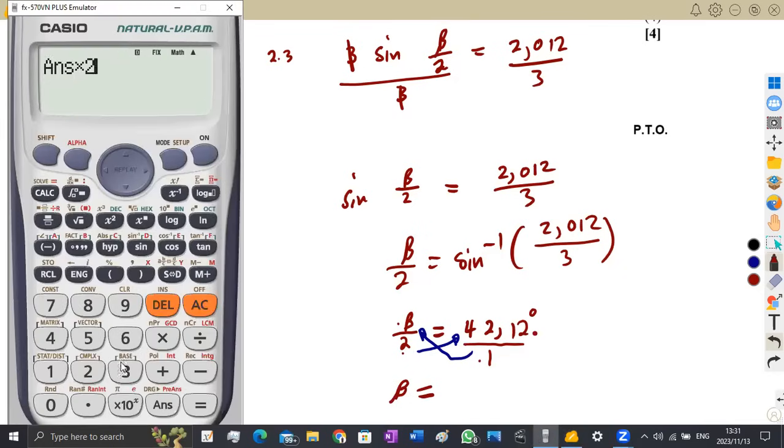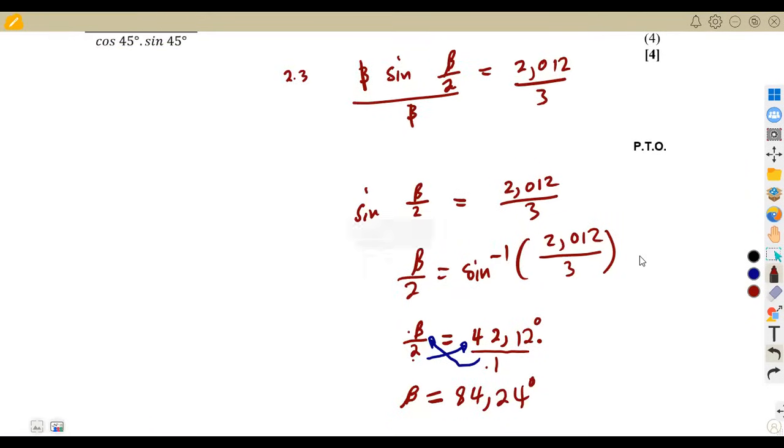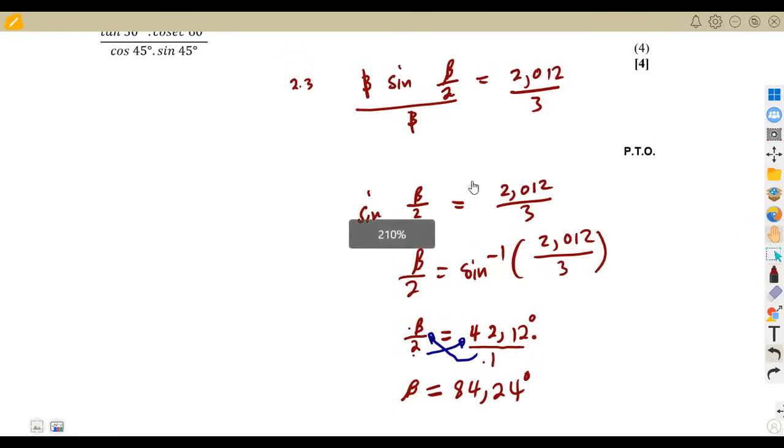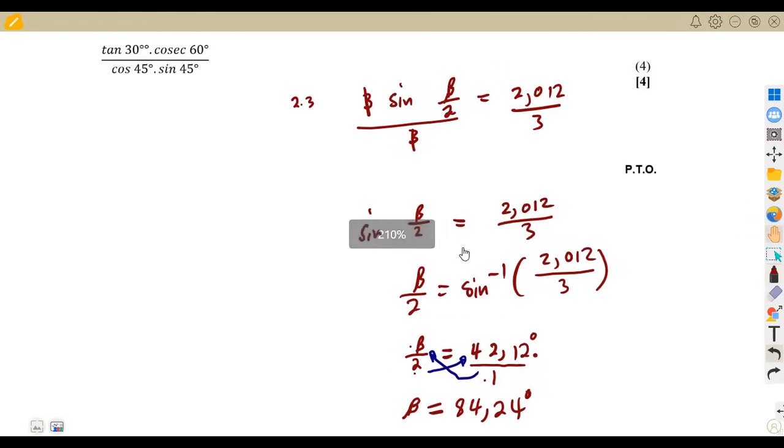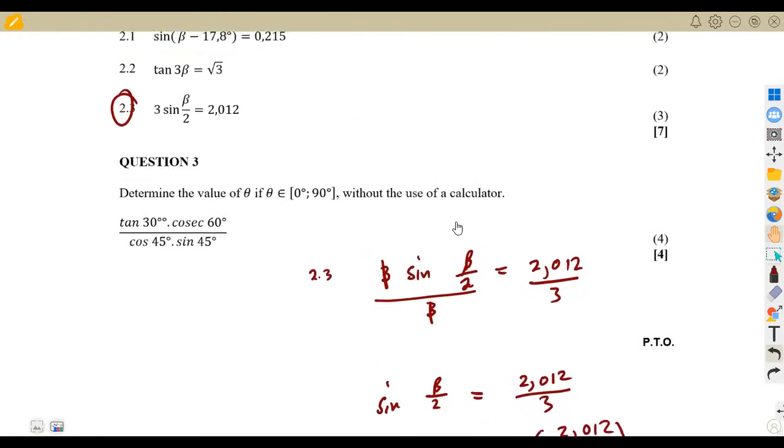So this angle times 2, you're going to obtain 84,24 degrees. So that is the angle beta that we are supposed to have on this question. So you just have to be careful in your simplification, how the questions are given. Then you'll be able to attempt any question that you are given of this nature. All right, so that was our question number 2.